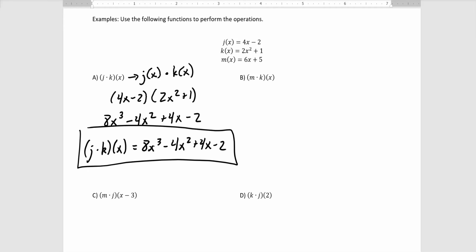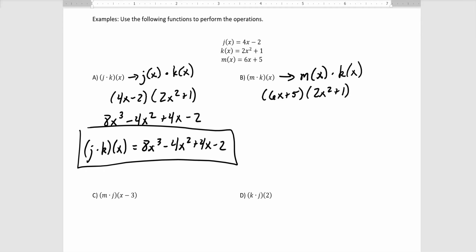There we go. Let's look at letter B here. m times k of x. So this is m of x times k of x. And we know that m of x is 6x plus 5. We know that k of x is 2x squared plus 1.